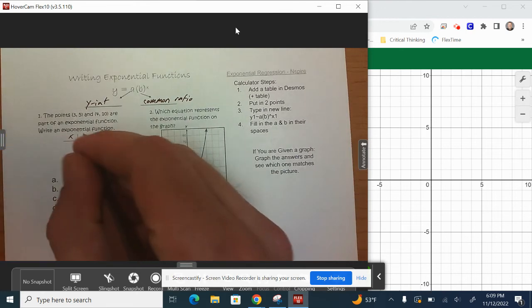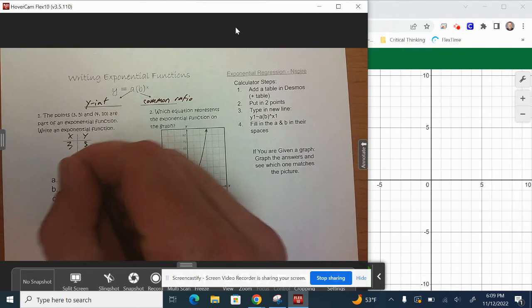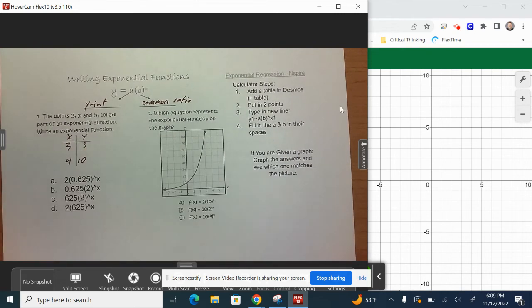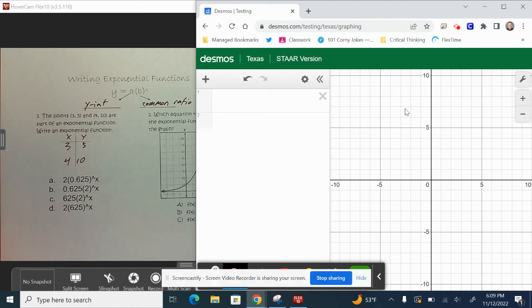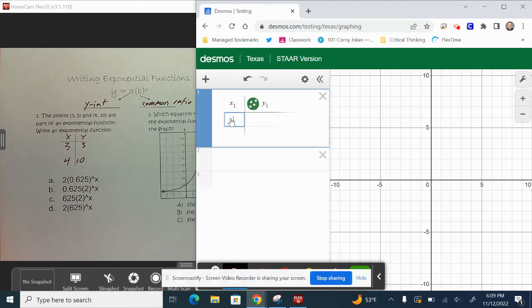So I'm going to go ahead and write my table right here real quick. We got the point 3, 5. We got the point 4, 10. I go to Desmos. We're going to add a table. So add table. I'm going to put in my first point, 3, 5. Then my next one, 4, 10. All right?